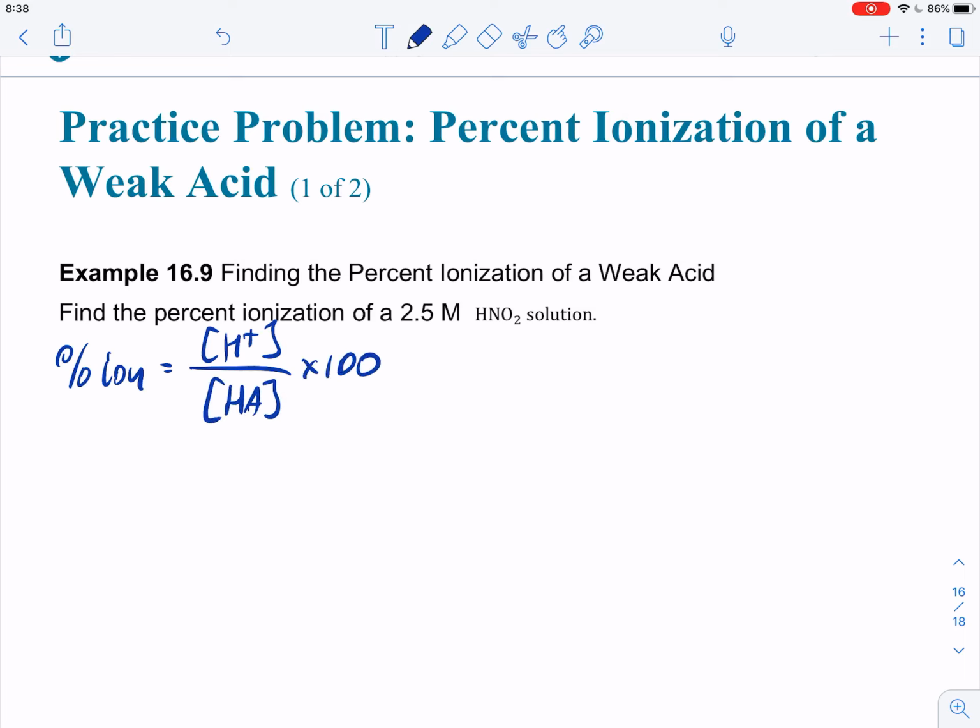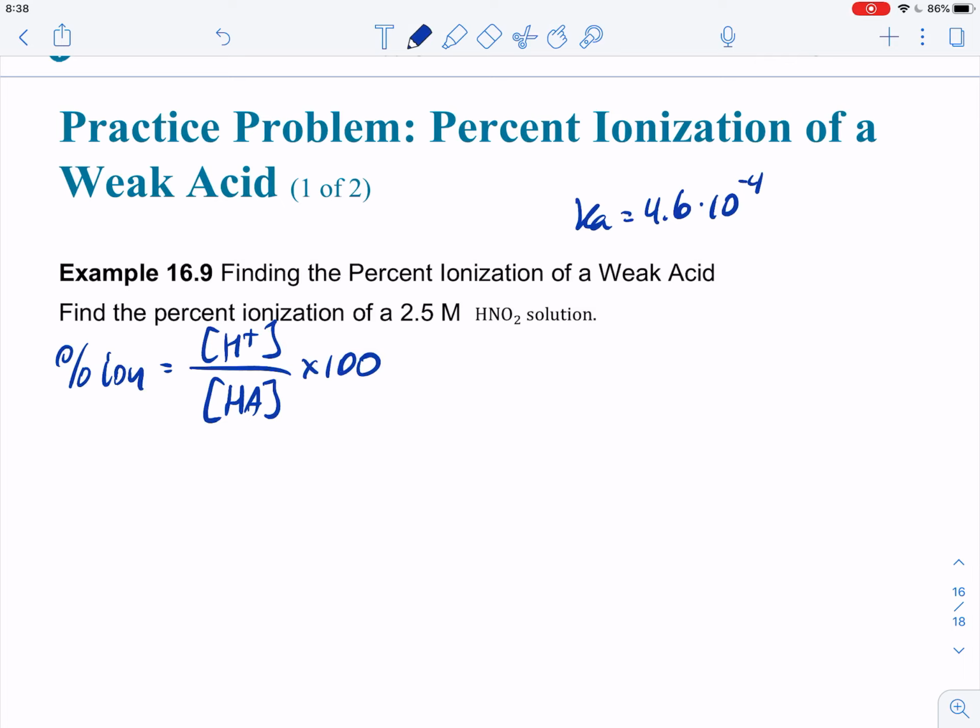So basically all we have to do here is calculate what the concentration of H plus is, based on the initial information: 2.5 molar of the nitrous acid, and if we remember correctly, Ka is 4.6 times 10 to the negative 4.